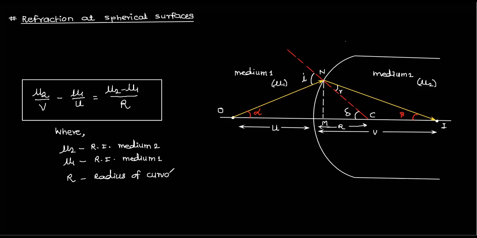Next one, u is object distance. And v is image distance.